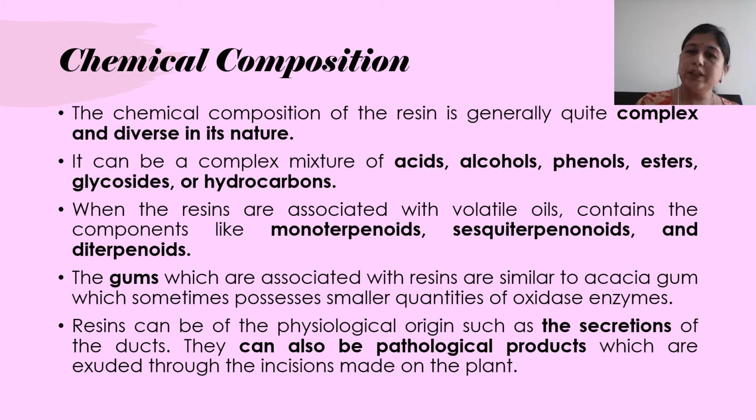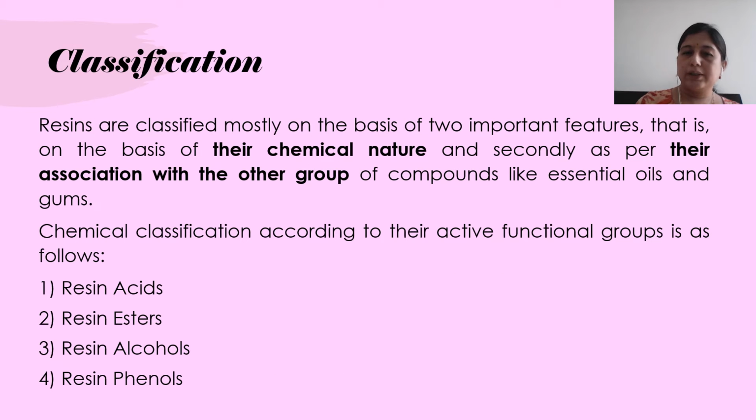As we already discussed, they can be of physiological nature in the plant itself, or they can be pathological products. Now, the classification is based on two methods. One is the chemical nature of the resin and the second is the association with other groups. It means which type of functional group is present in the majority of the resinous compounds, and in which combinations they are produced in the plants.